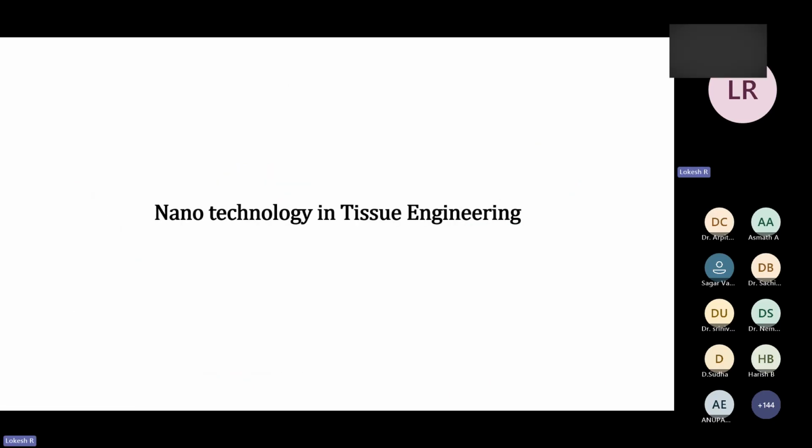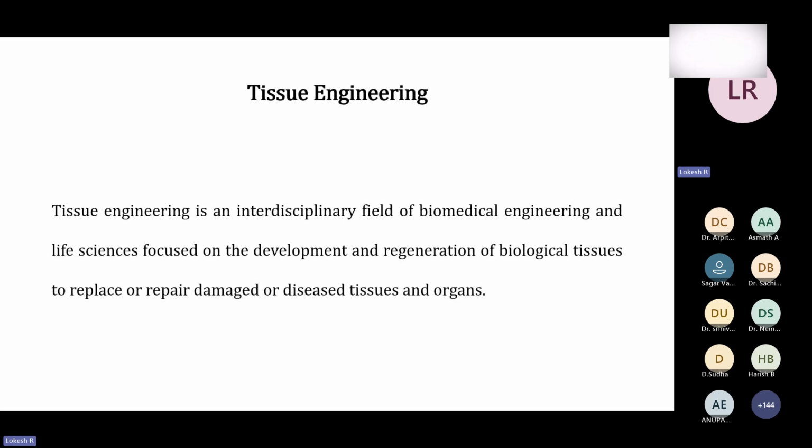Okay, next is the usage of nanotechnology in tissue engineering. Tissue engineering, as I said, is the replacement of damaged or repaired tissues. Here, what is new is that instead of taking the tissue from some other person, the tissue is taken from the patient's body itself, grown outside in the lab, and then placed back in the patient's body again.